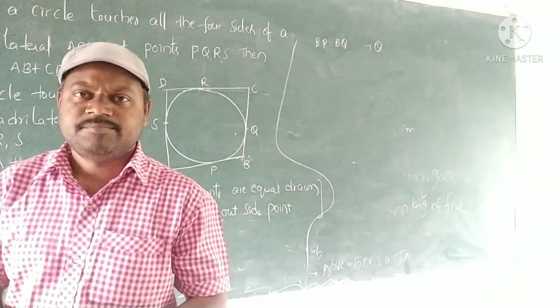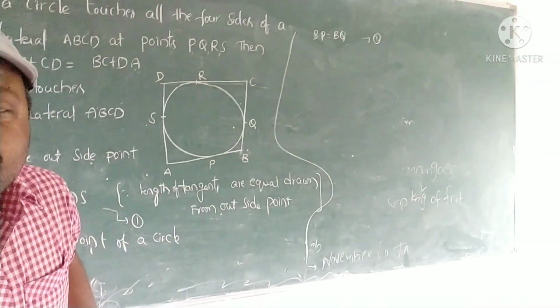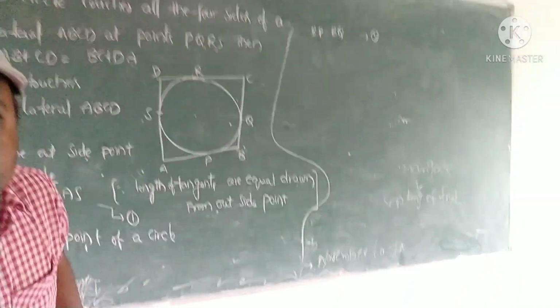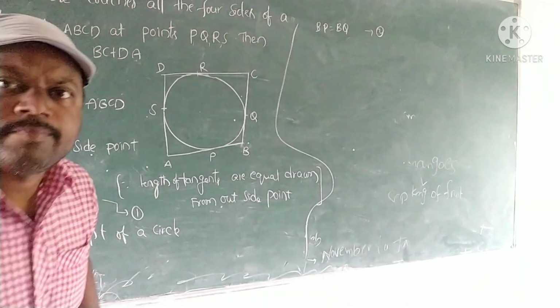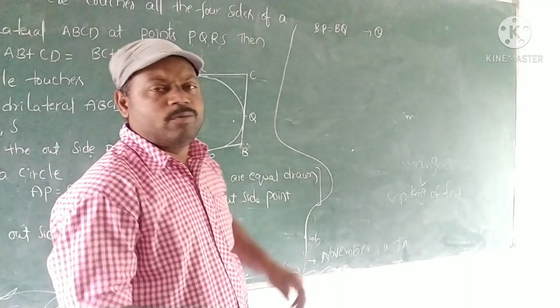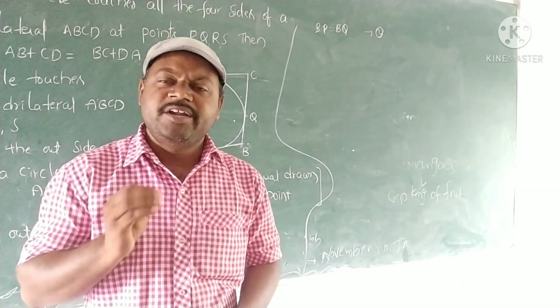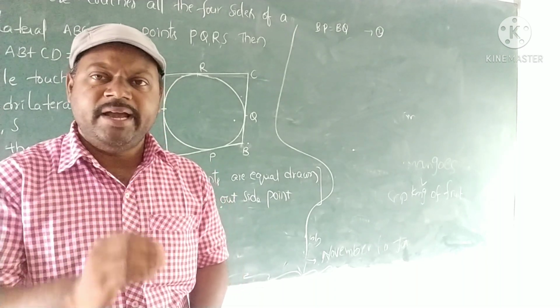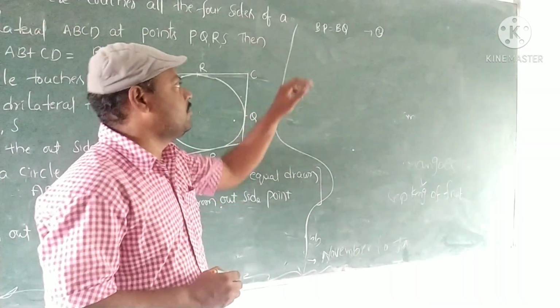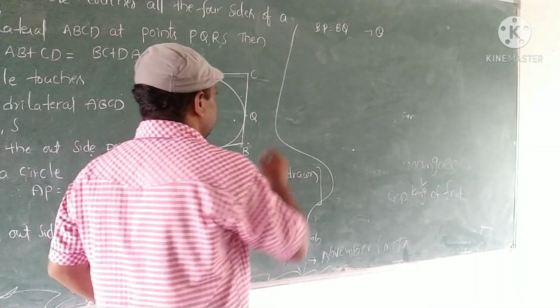What is the reason? Same reason. The lengths of the tangents drawn from an external point are equal. So BP equals BQ, the second equation.